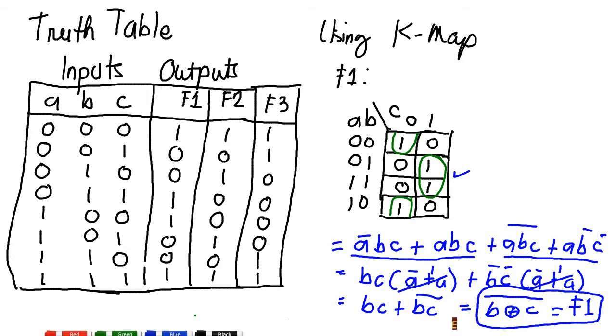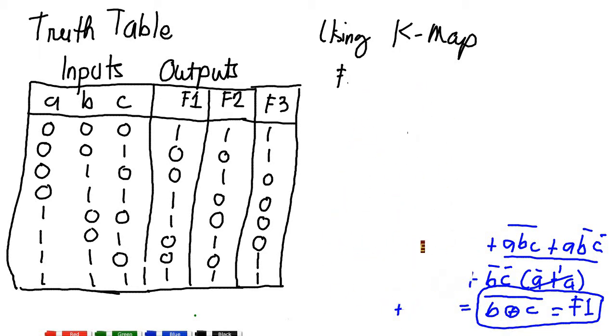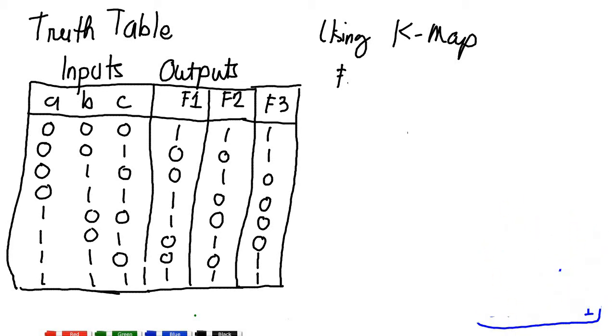Now take note of the first equation. The first equation is B XNOR C. That's the first equation. So let's proceed to the second equation, where you're going to solve for F2. By the way, we're just going to write on top so that you will not forget the equation.